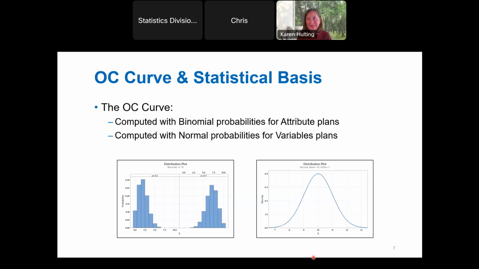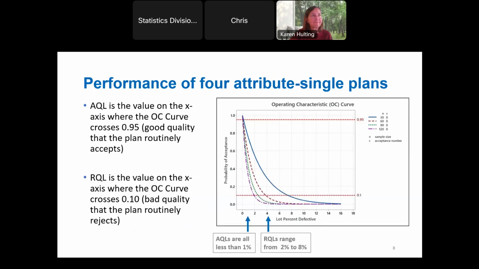That's really why attribute acceptance sampling plans get a lot of use, because you don't have to worry about distribution fit and that sort of thing. But they take bigger sample sizes and are not quite as powerful. So both are really good acceptance sampling plans. But this is the basis. And because these probability calculations are very standard, that's why you can use spreadsheet tools to do some of these OC curve calculations.